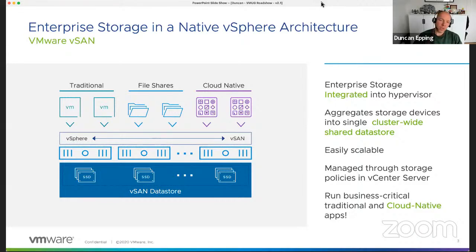Now, there of course are a couple of other things that come into play when it comes to managing vSAN, and that primarily relates to the type of devices that are being used. When you enable vSAN, what vSAN ends up doing is, it will grab all of the local devices, those could be flash devices or spindles, and then it will create a single shared data store out of those local devices to the cluster itself.